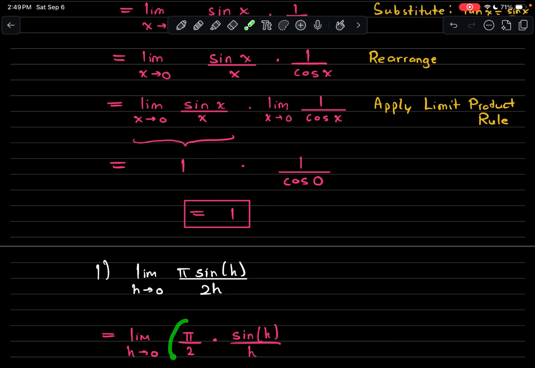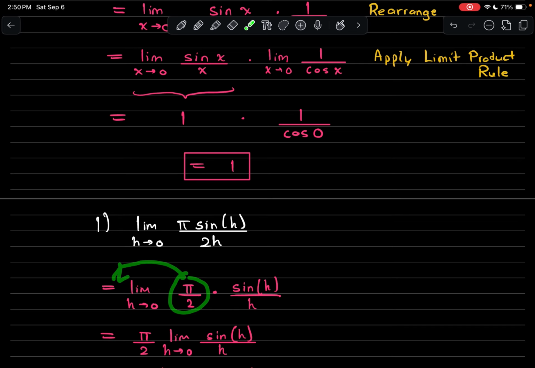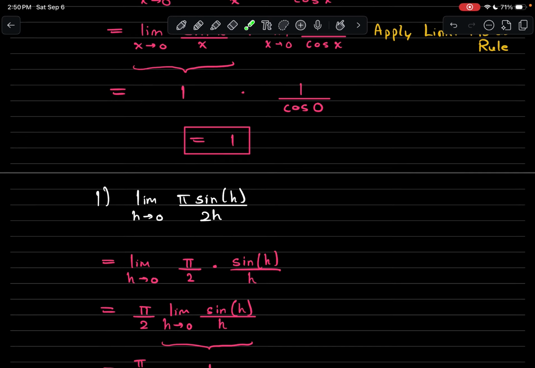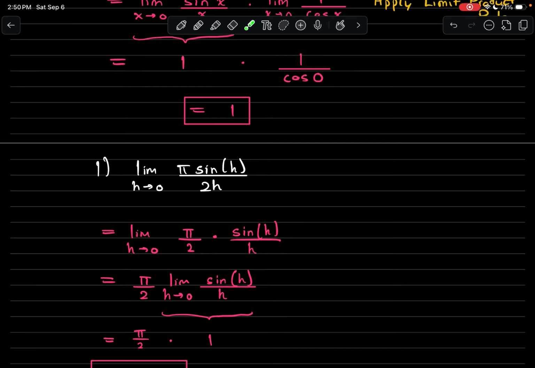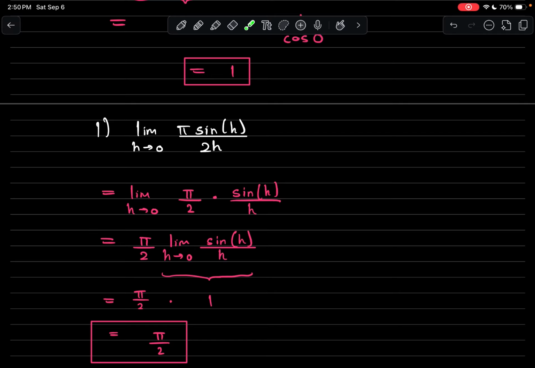And now we can use our multiple rule, bring this out of the limit. You have pi over 2 times the limit as h approaches 0 of sine of h over h. Go ahead and use that special limit rule. That reduces to 1. Pi over 2 times 1 is just pi over 2.